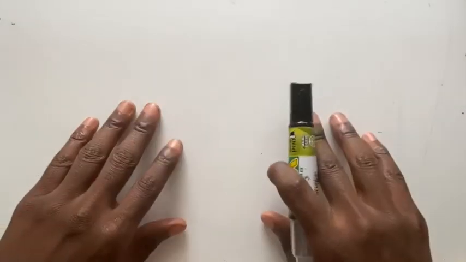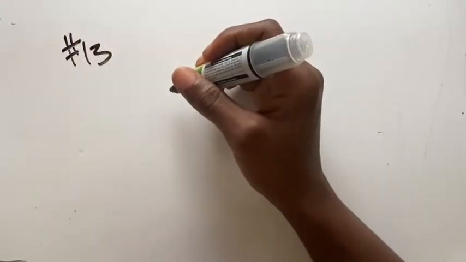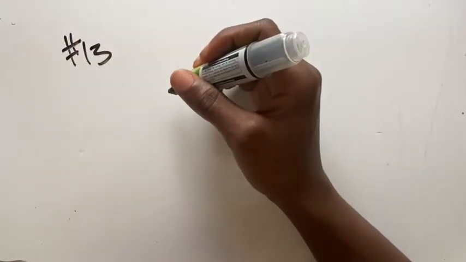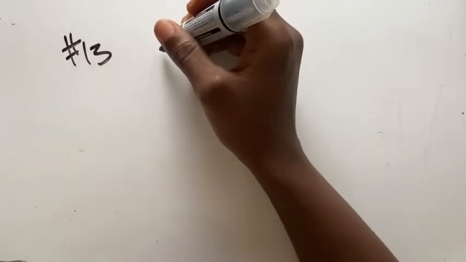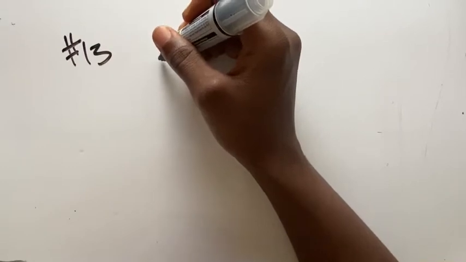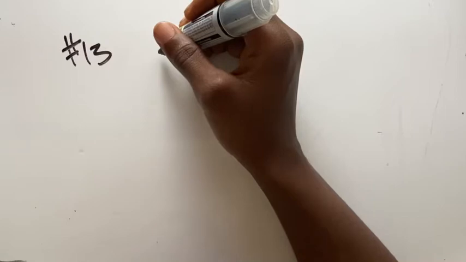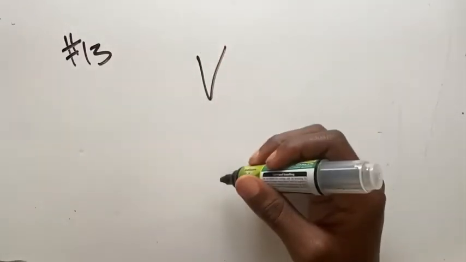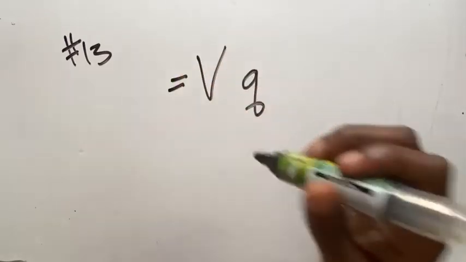Number 13 says electric potential. Electric potential is the ratio of electric energy to the amount of electric what? Well, electric energy, let's see, how am I going to write this? Well, V is for the electric potential, right? Q is the charge.